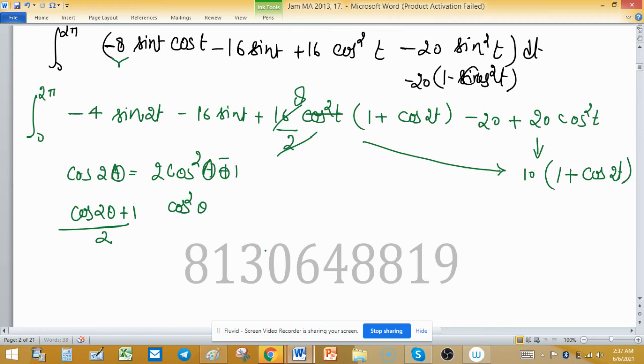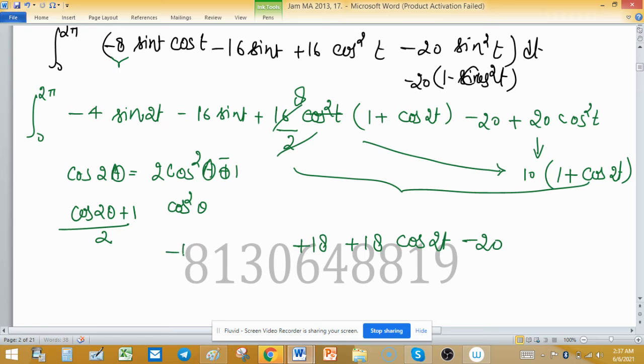Directly you can use 18 plus 18 cos 2t, minus 20. So we have written all these terms, and the remaining terms are minus 4 sin 2t minus 16 sin t, and take the integration from 0 to 2 pi with respect to t.